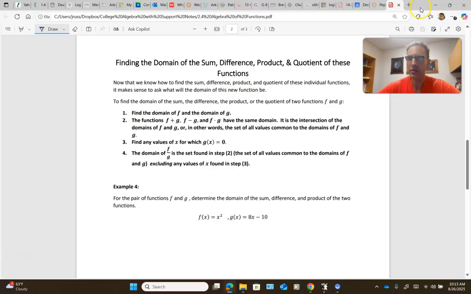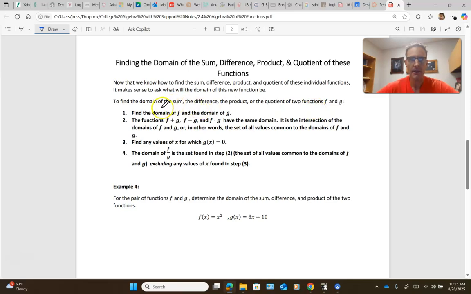But occasionally you can end up with a new function in which the domain has a restriction in it, and that's what we're going to look at today. And I'm going to try to keep this as simple as I can without going into too much conceptualization, but it says to find the domain of the sum, the difference, the product, or the quotient of two functions, f and g.